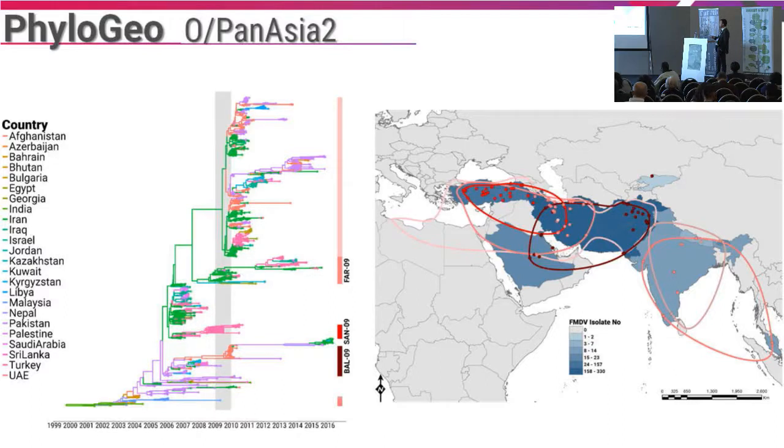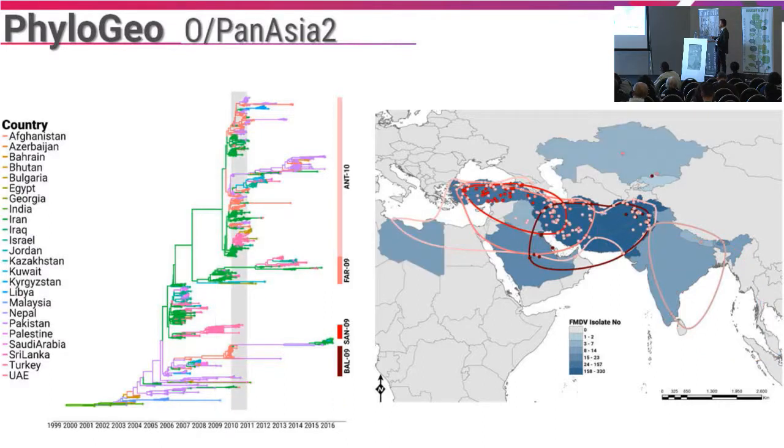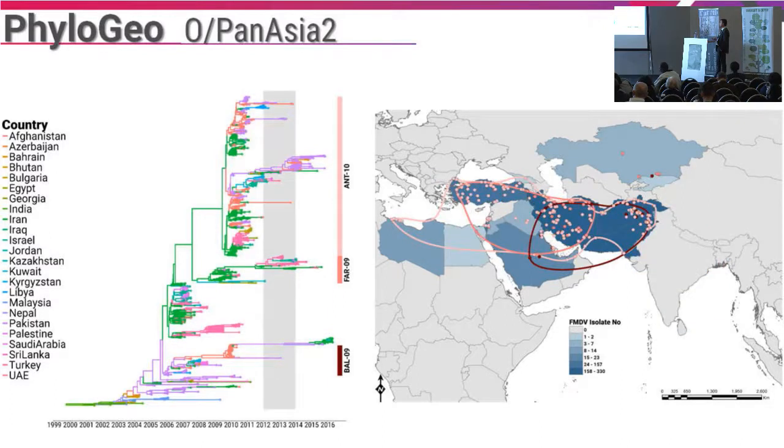Later on, there are much larger, wide-scale movements of lineages, something like FAR 09, going from Iran to Turkey and the Arabian Peninsula as well. And then the big incursion of the UNTen sublineages, widespread across all the region. And this is clear across time.